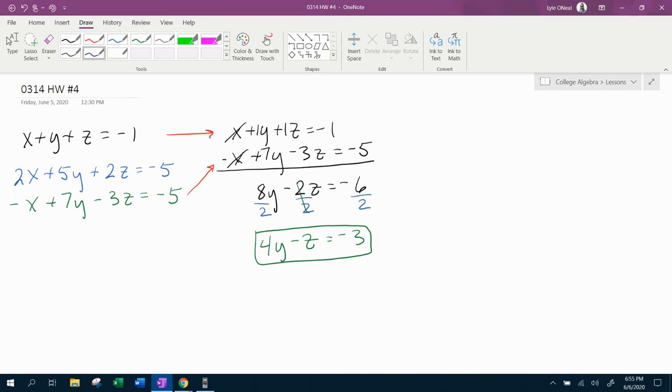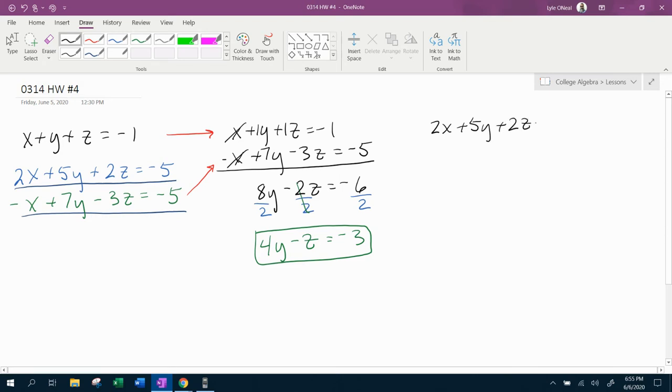Next step. Now what I'm going to do is take the second and third equation and try to get the x's to cancel again. So we're going to take this middle equation over here and copy and paste. 2x plus 5y plus 2z equals -5. That's the middle equation.